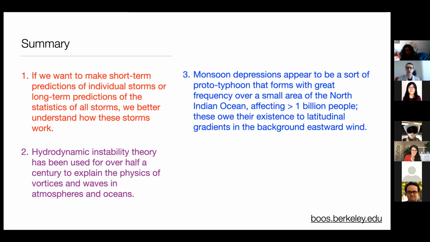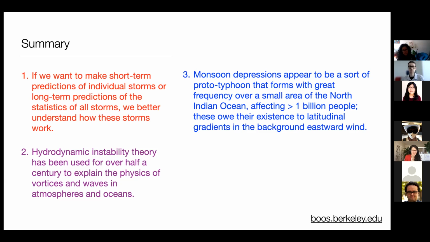They're interesting geophysically because they form over a pretty small area of the North Indian Ocean, a vast region that's pretty warm and moist, but their genesis frequency peaks over a pretty small confined area of that warm and moist region. And our arguments, our discoveries, if you will, have been that these storms really owe their existence to latitudinal gradients in the background eastward wind and the particular instabilities that arise from that.